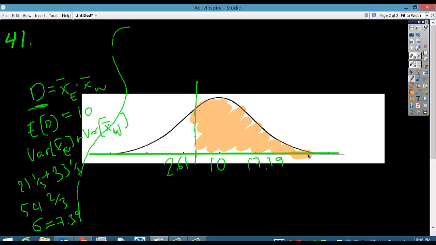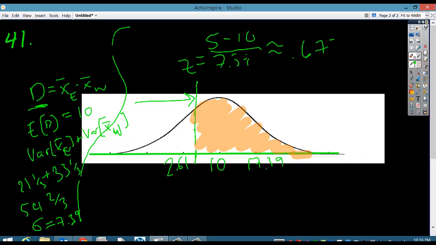And so we find the area up to here by getting a z-score, which is going to be 5 minus 10 over the standard deviation, which is approximately 0.677. I look it up on my table. I get the area over here, which is 0.7. Wait, that doesn't make sense.